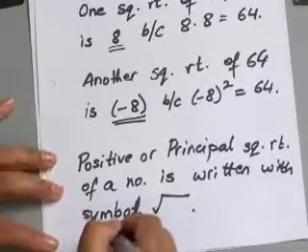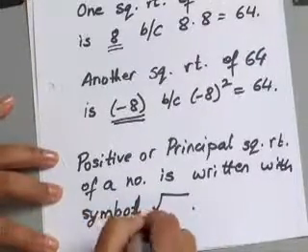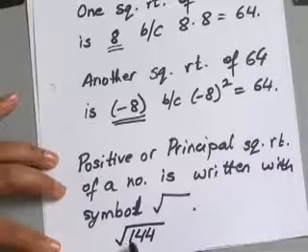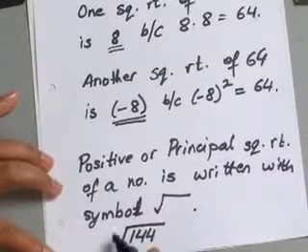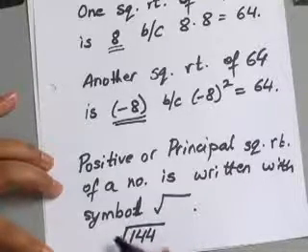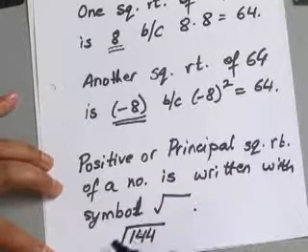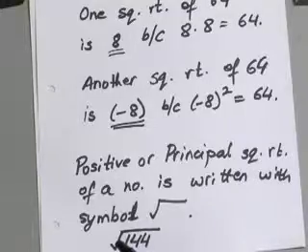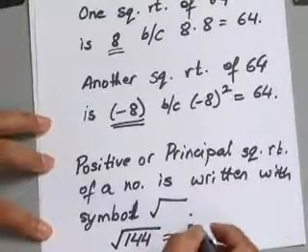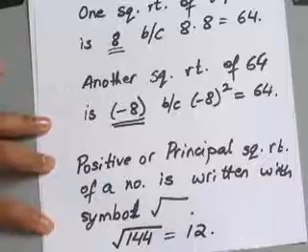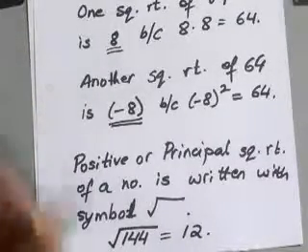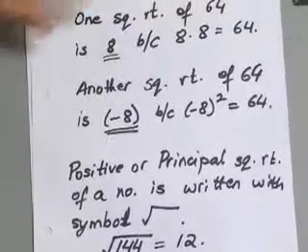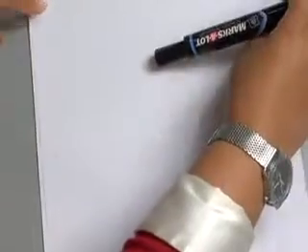So if we had to say the square root of 144, you are saying what number multiplied into itself will give me 144, and when I use this square root symbol, I'm saying that I'm only trying to find the positive or principal square root, which will of course be the number 12. If you were trying to find the negative square root, you would use the same symbol, but put a negative sign in front of your square root symbol.